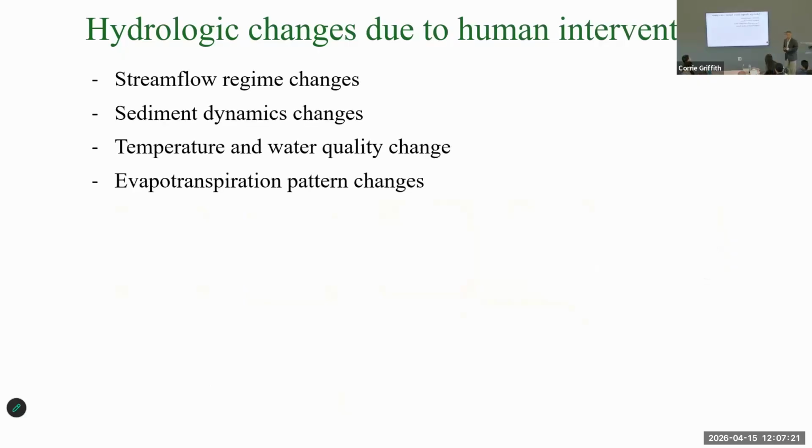Those are probably at the stream level: streamflow, sediment dynamics change, temperature and water quality change, and also evaporation pattern change. The last one is the topic of a recent speaker, who works on how human activities affect the intra-year and inter-year ET variation.